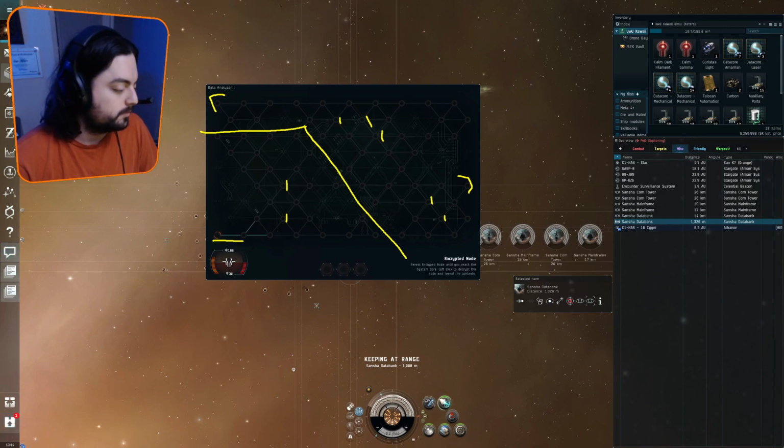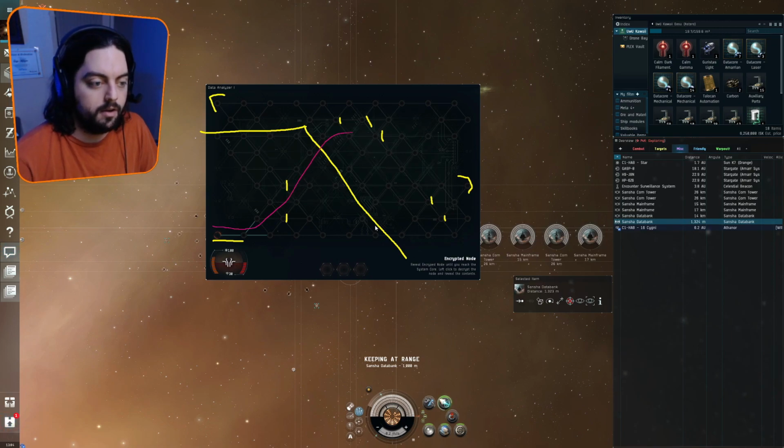Okay. And route planning is something along the lines of up this way. We see 5. That's gross. Getting our safe spot.